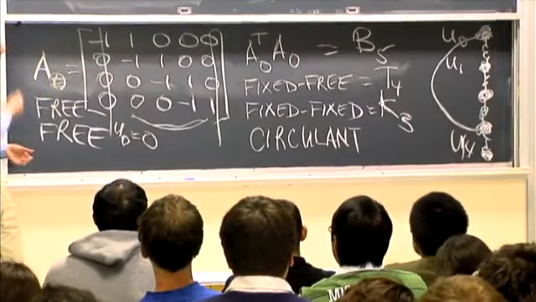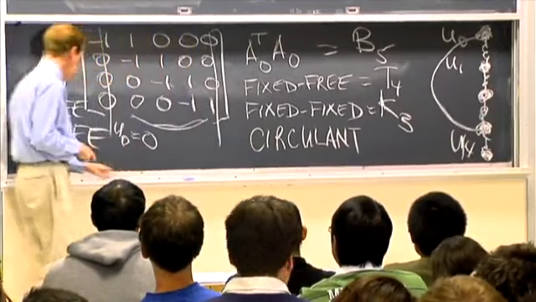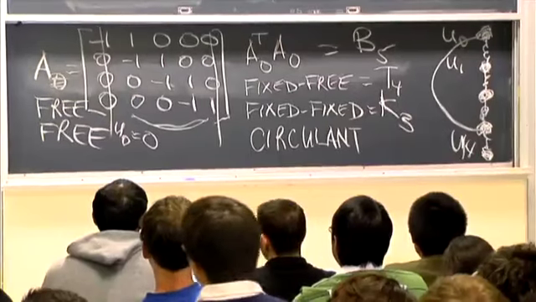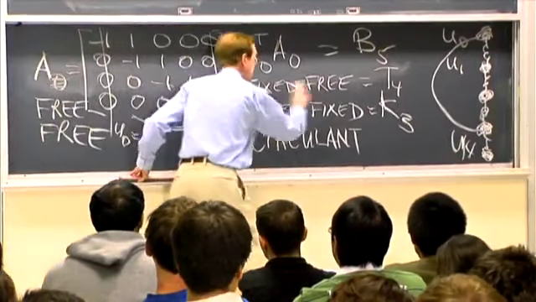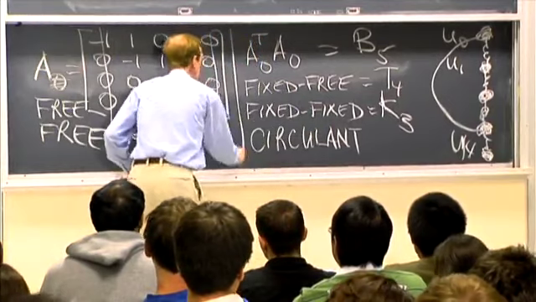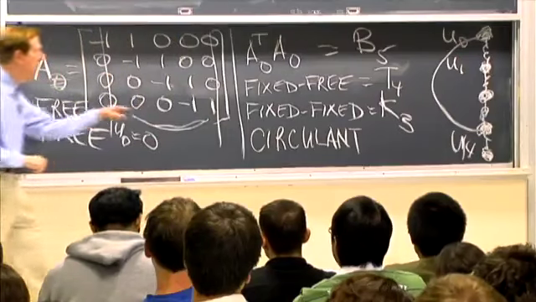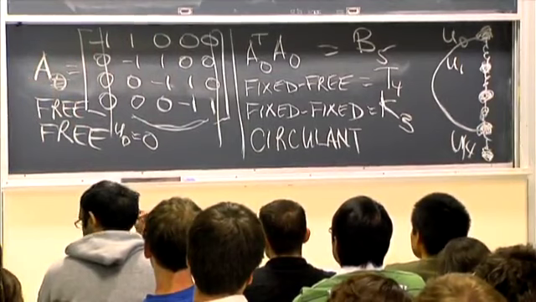If U4 was connected back to U0, now I'm aiming for this circulant. What matrix A is going to give me the circulant? Again, these guys are the A transpose A's. This over here was the A, and over here is the A transpose A, and now I want to fix A, and then I want to see the A transpose A.